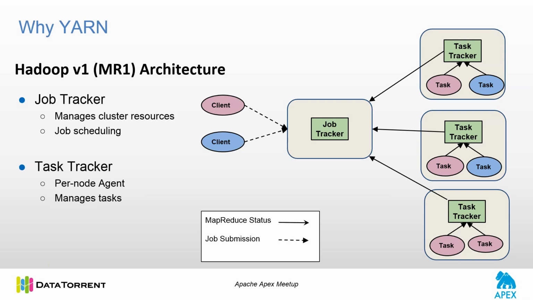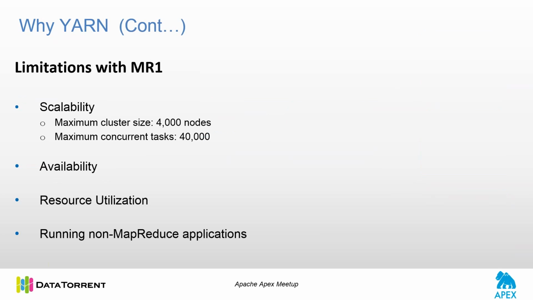Having looked at this architecture, I'll try to explain what limitations were there with it. That's why people tried to improve it and came up with Yarn. So what were the limitations? The first thing I see is scalability problems. Why? Because we have only one job tracker, and the entire cluster limitation is proportional to what a job tracker can handle at a time.